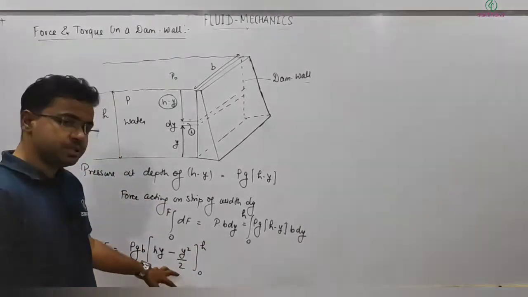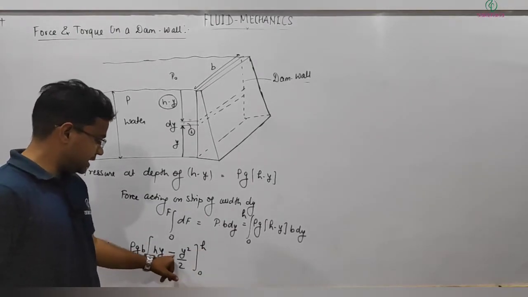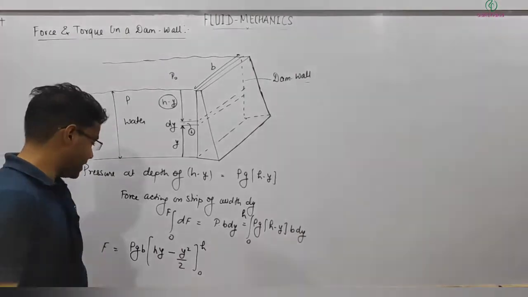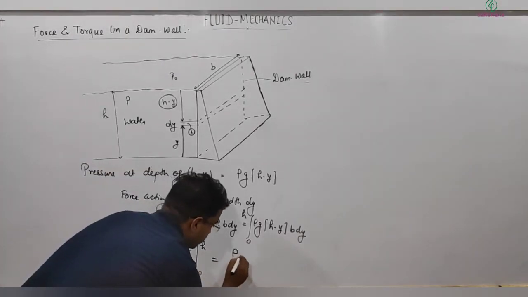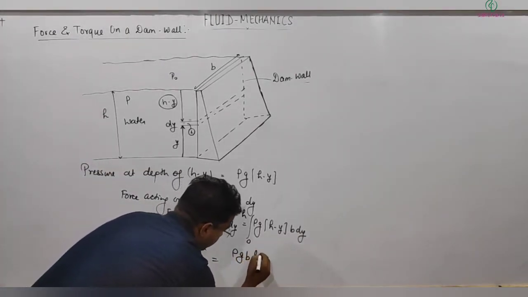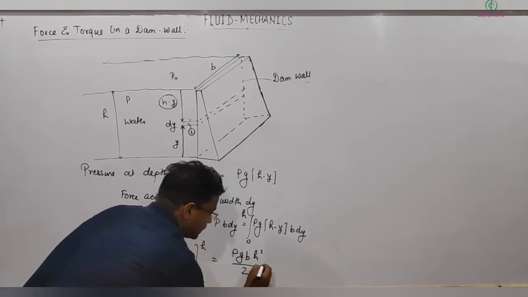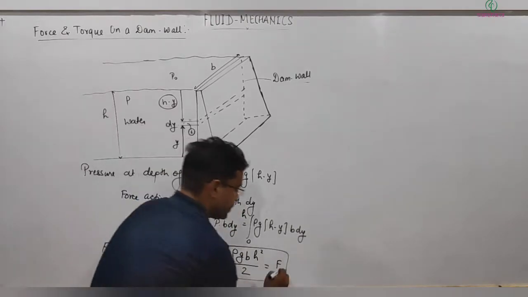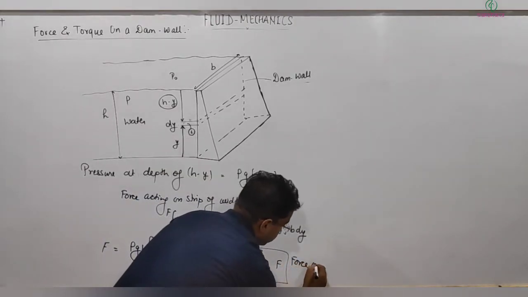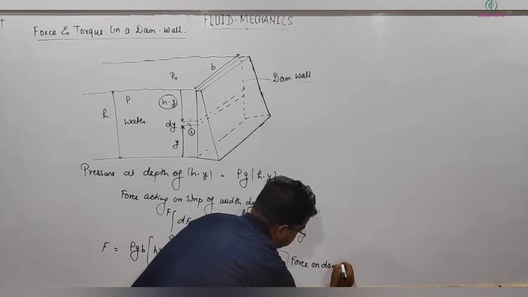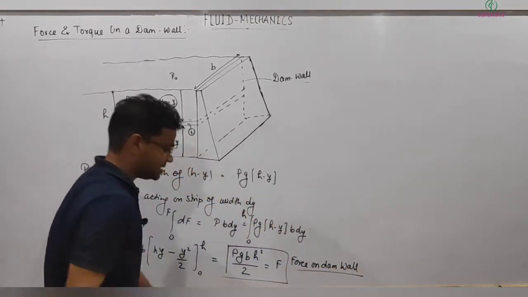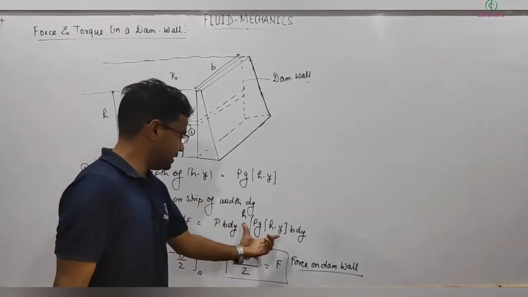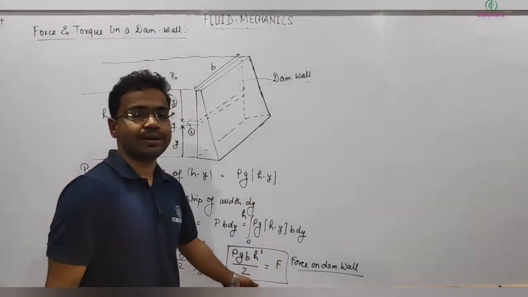At 0 everything is 0, and at h it will be h square minus h square by 2, so overall h square by 2. So the total force on the dam wall is rho g b h square by 2. You can see it's a simple thing. If you require it anywhere, you can apply exactly this way and you will get the answer.